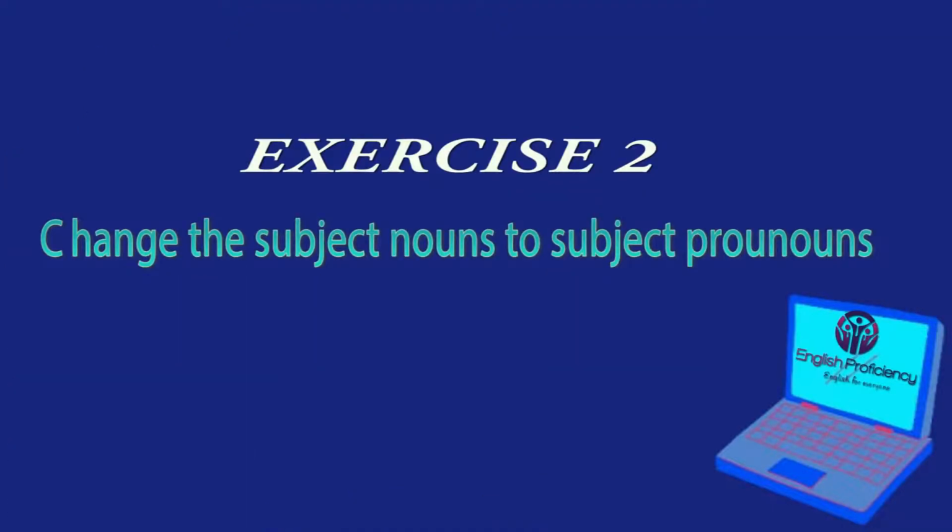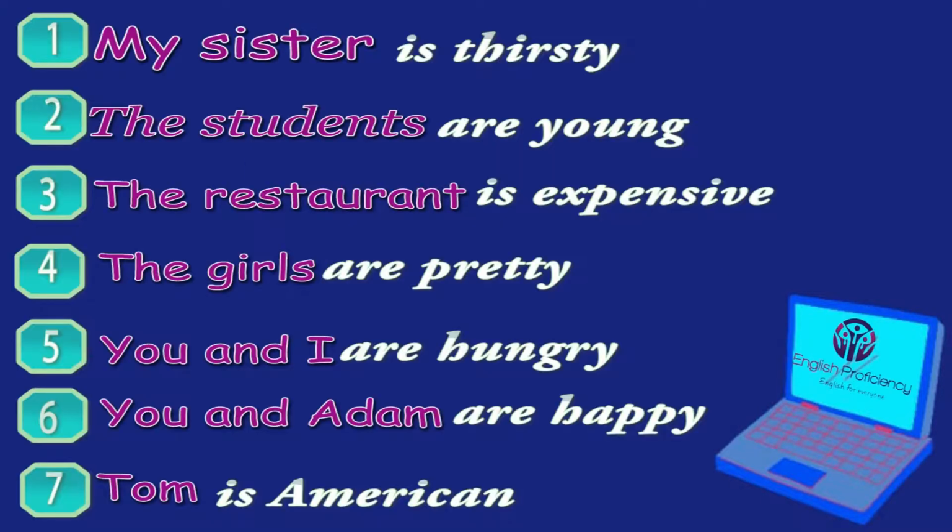Now, let's see the second exercise. Change the subject nouns to subject pronouns. Number 1. My sister is thirsty. Number 2. The students are young. Number 3. The restaurant is expensive.